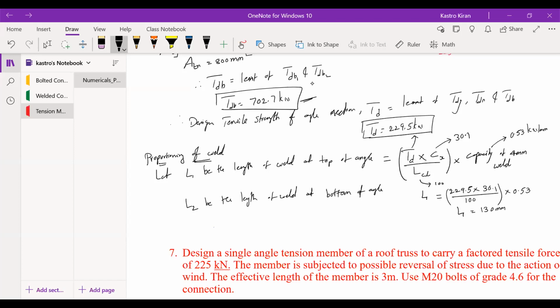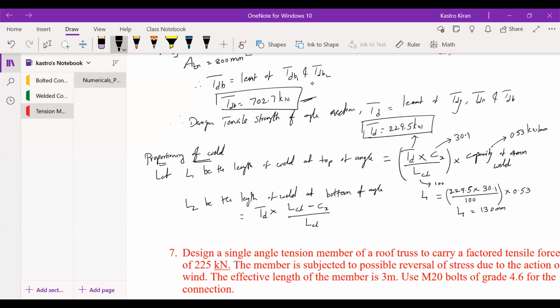The same formula is applied here, but with a little modification. TD into the length of connected leg minus the center of gravity of the section, upon the length of connected leg.